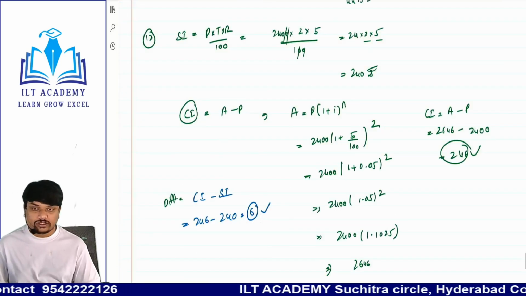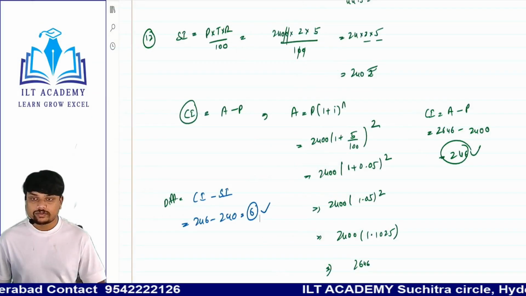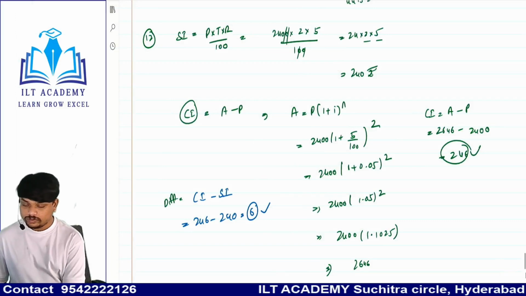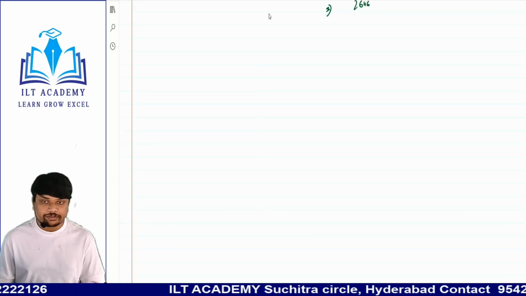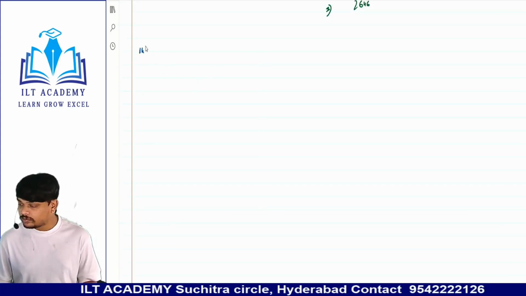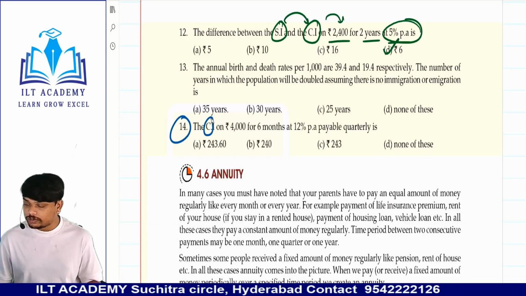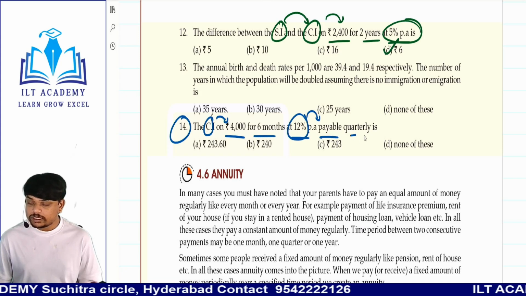Please note down. Now let us note down this. 14th question, the compound interest on 4000 for 6 months at 12% per annum payable quarterly.